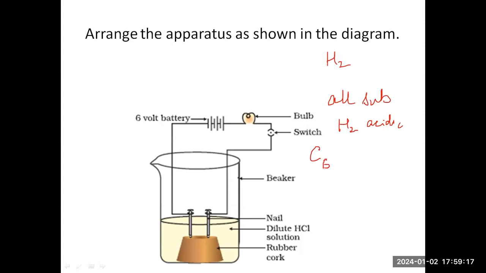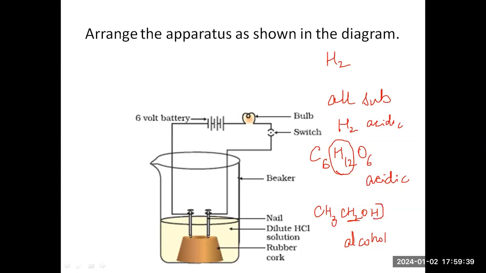The formula for glucose is C6H12O6, right? It contains hydrogen in it. Is it acidic in nature? Or we have one more compound, CH3CH2OH. This is alcohol, ethanol in particular. This also contains hydrogen. So are these two substances acidic?